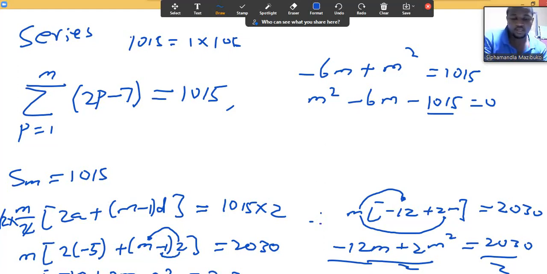Let's look at 25, it doesn't work. 30, no, that doesn't work.